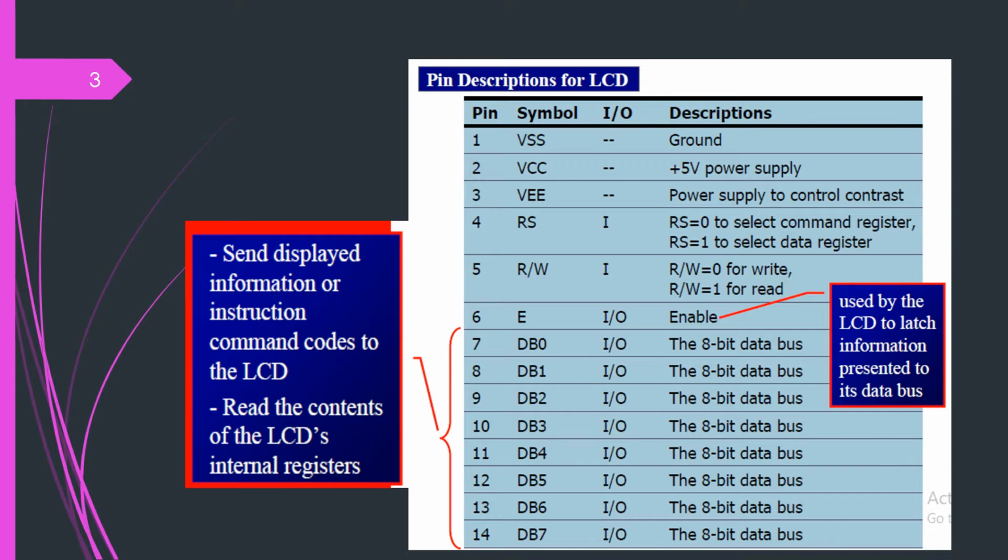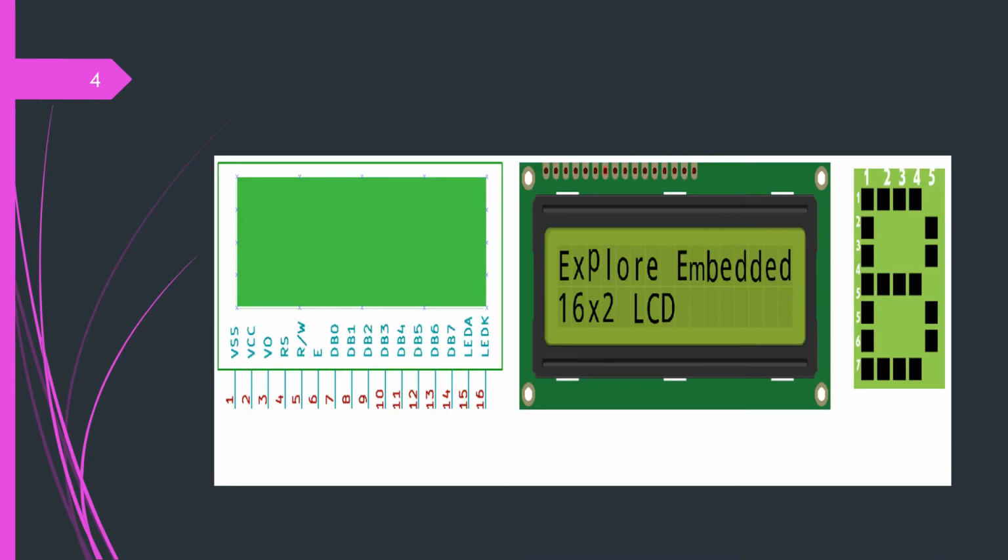Now in general, this is the structure from pin number 1 to 14 mainly, and pin numbers 15 and 16 are just kept aside for LED connection purposes. They are not directly involved in any operation. This is a small picture I have shown.